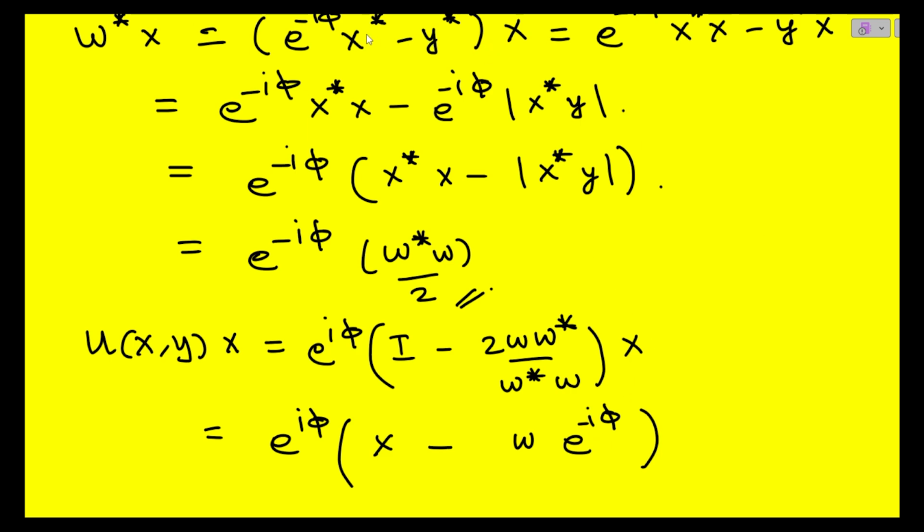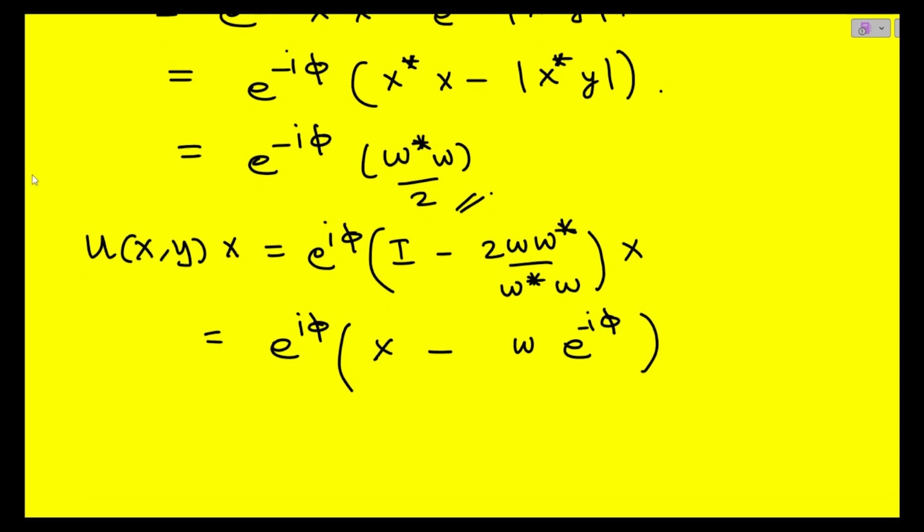So now what we can do is, so e to the power i phi x minus, now this term, this one, you can derive this. The way we defined w was e to the power i phi x minus y, right?